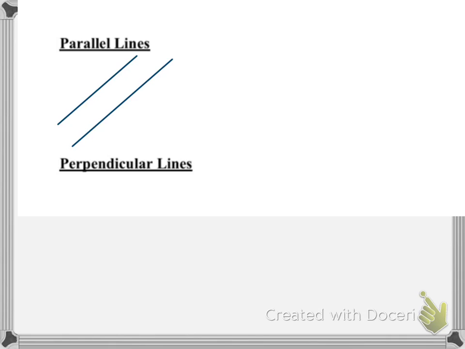And it kind of makes sense, because if one line was steeper than the other one, it would eventually overtake the other one, and so they'd eventually intersect. So the only way for them never to intersect is for them to be growing or declining at exactly the same rate, which means that their slopes have to be the same. So parallel lines have the same slope.